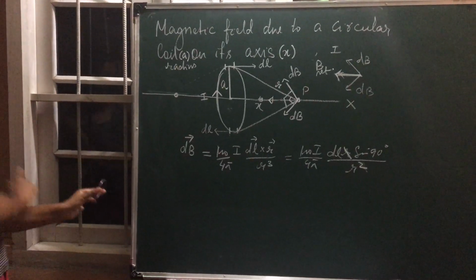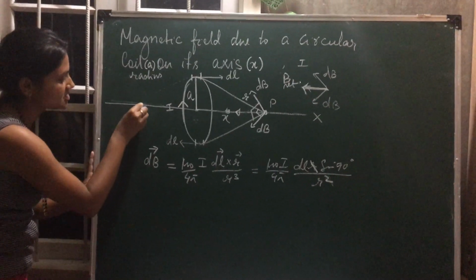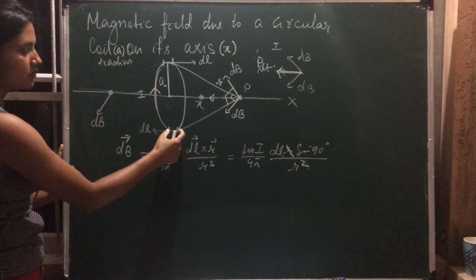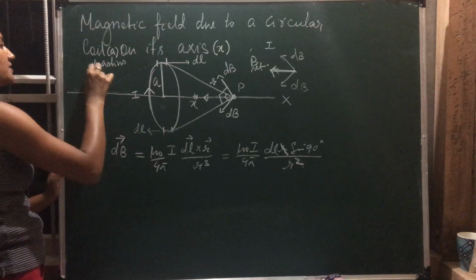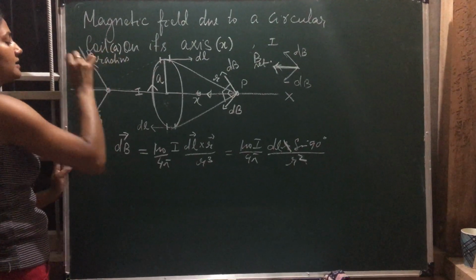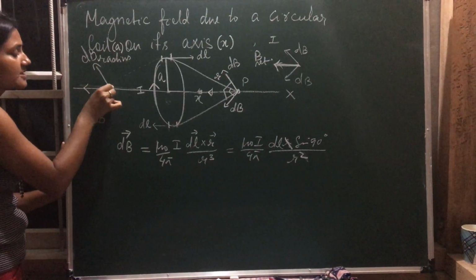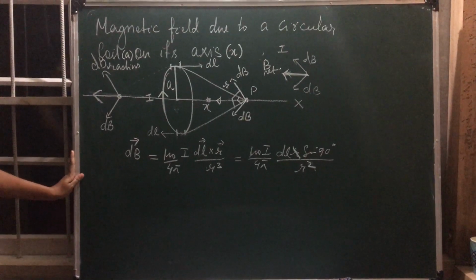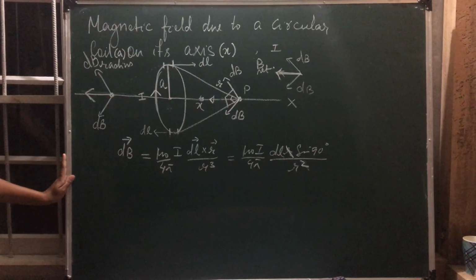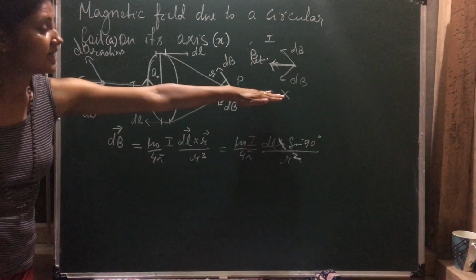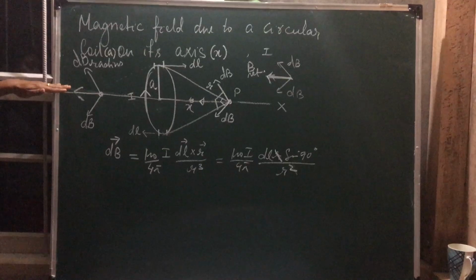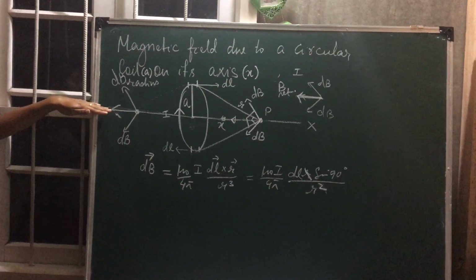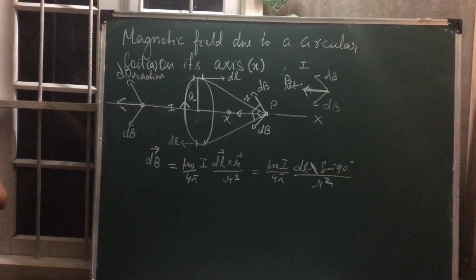The magnetic field direction is like this. Similarly, if you do for this shape also, the magnetic field will be something like this. The resultant field is here, the same direction, along its axis. The magnetic field on the axis is directed in one direction only. This is the baseline.